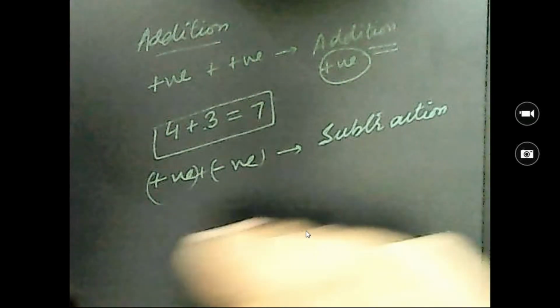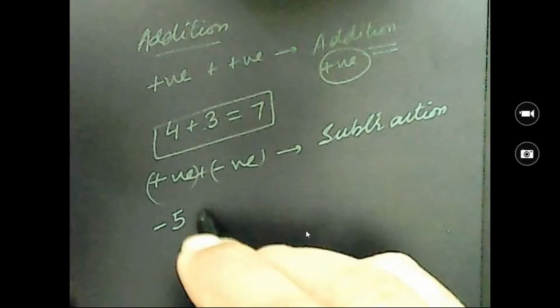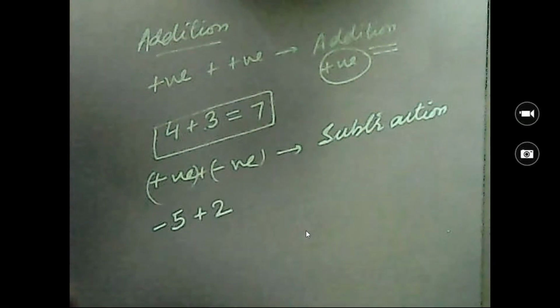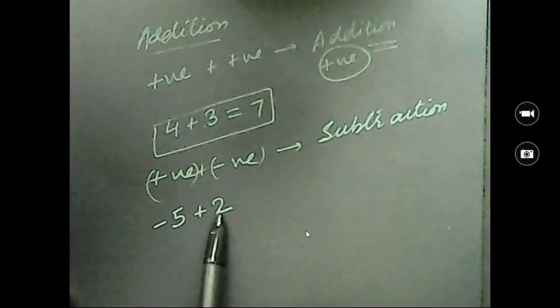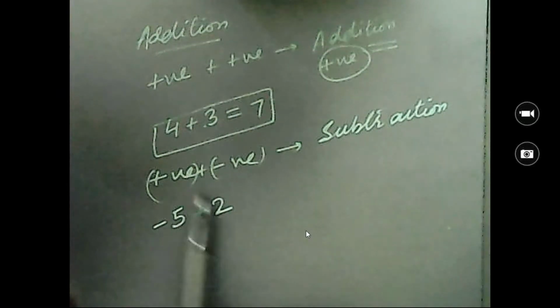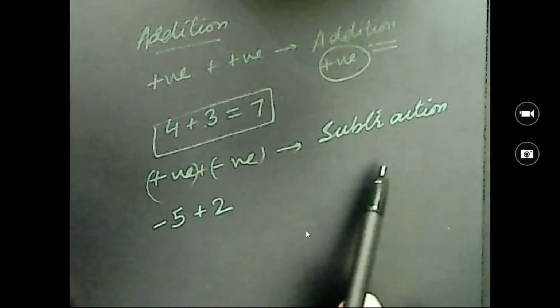Let's take an example: -5 plus 2. This is minus, this is plus. So the addition of a positive number with a negative number results in subtraction.